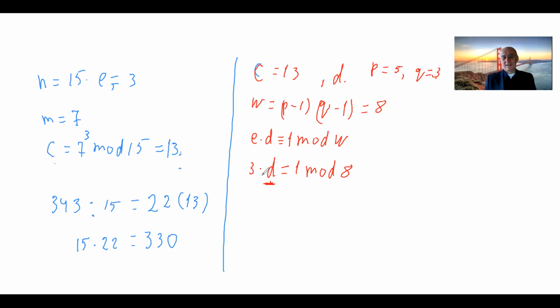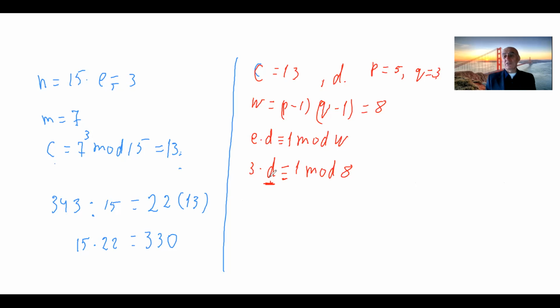What is D without the Euclidean algorithm? Let's find it verbally. D is a positive integer such that 3 times D is congruent to 1 modulo 8. So let's check Irakli's answer.